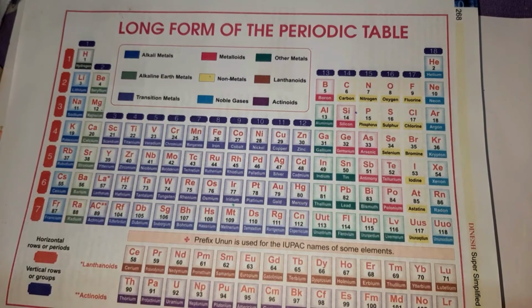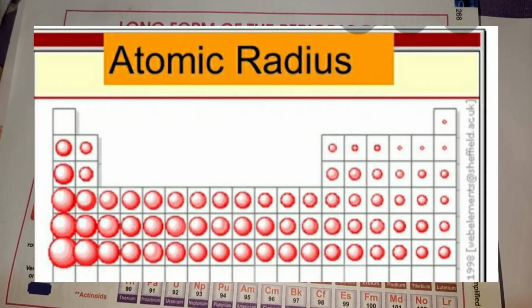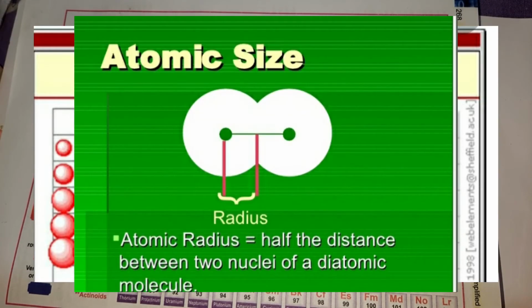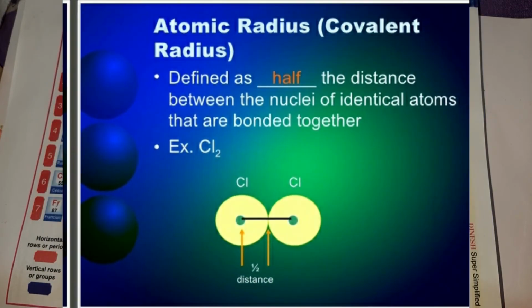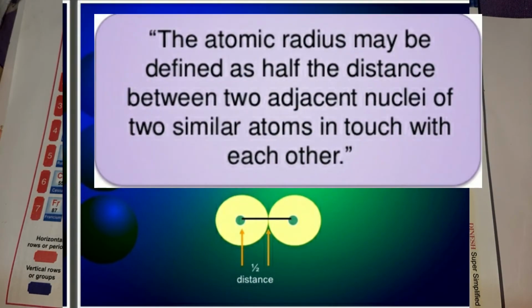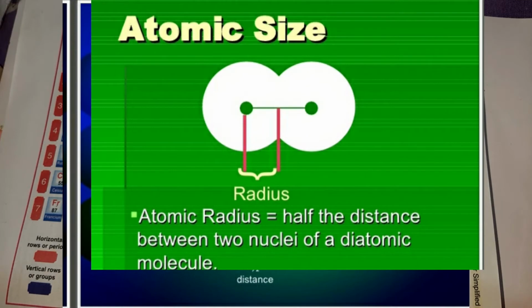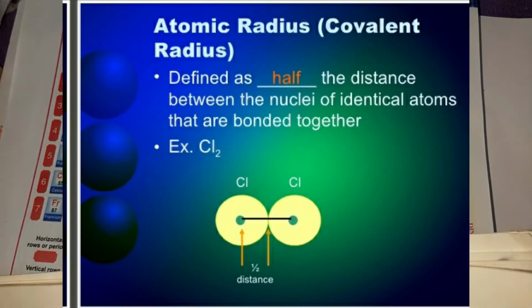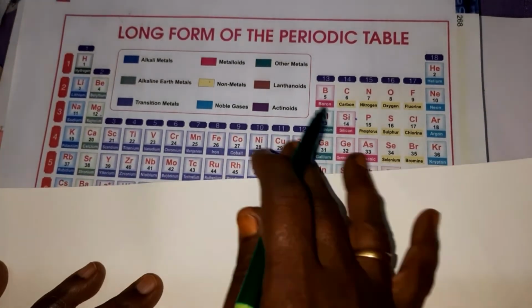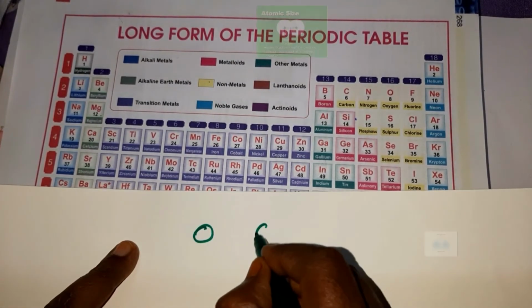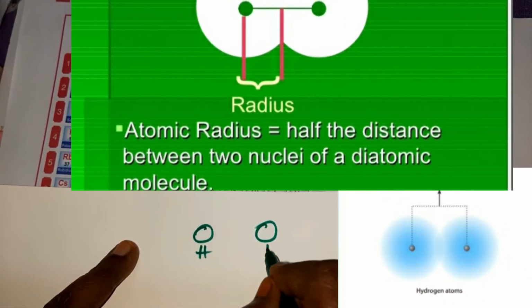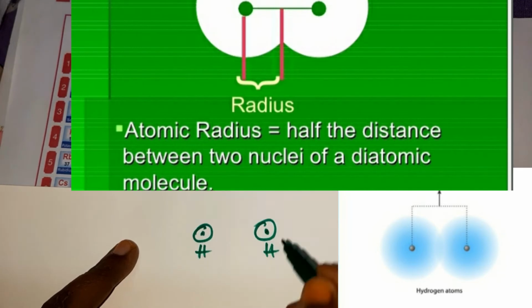The next chemical property is atomic radius, children, or size of the atom, or we call it covalent radius. So what is atomic radius? Atomic radius is defined as half the distance between 2 adjacent nuclei of 2 similar atoms in touch with each other, or half the distance between 2 nuclei of a diatomic molecule. For example, you can take hydrogen, a diatomic hydrogen molecule.